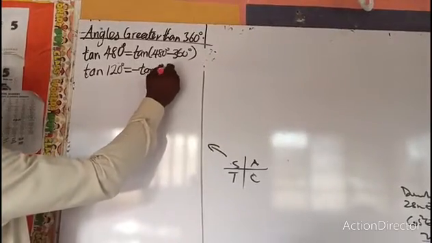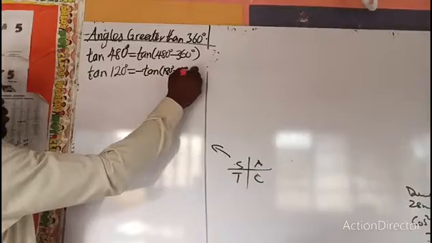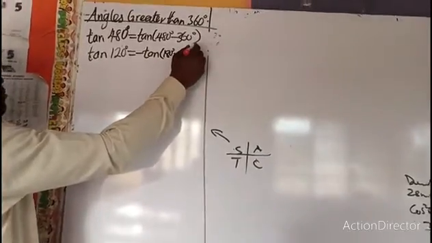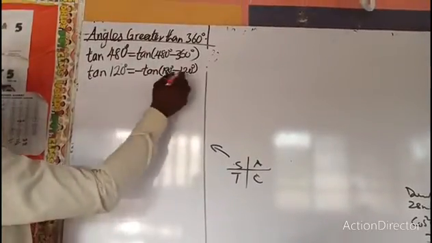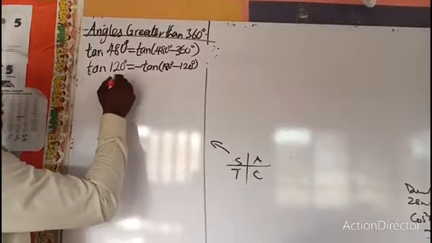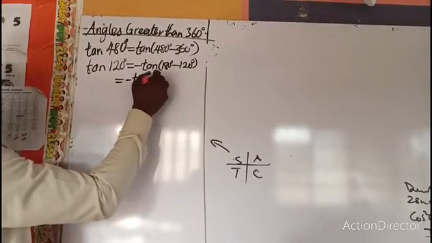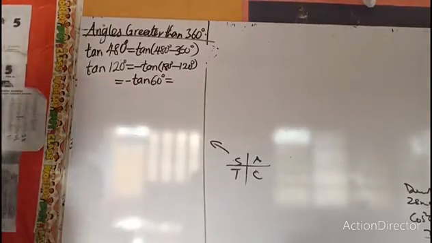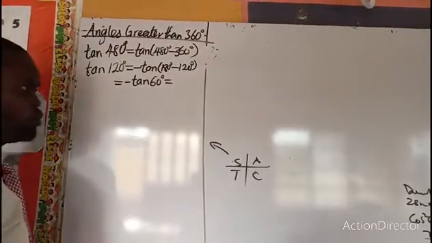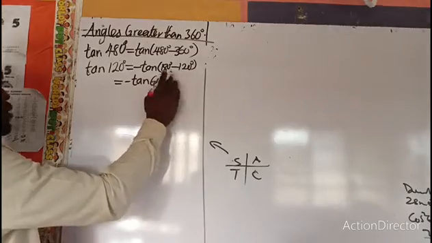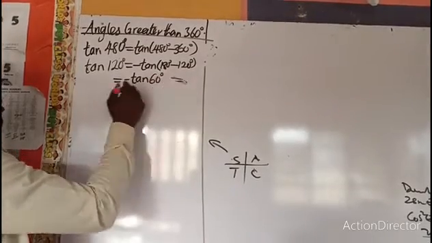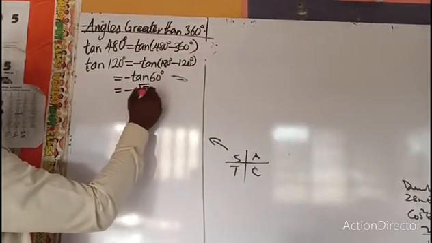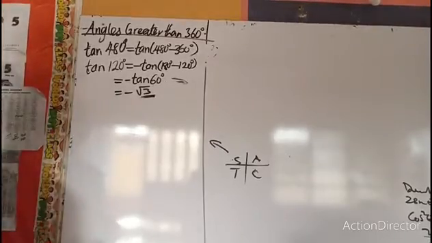We say 180 degrees minus 120 degrees, which gives us minus tan 60 degrees. And what is tan 60 degrees? Root 3. So our answer will be minus root 3. As simple as that.